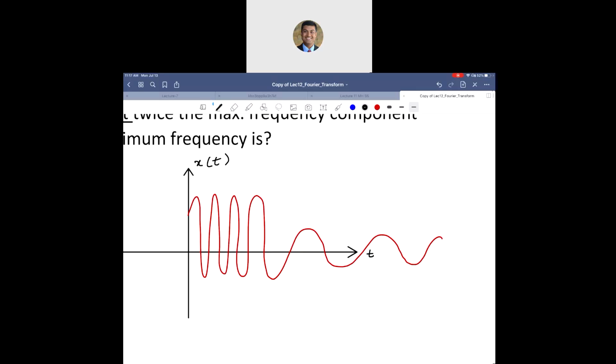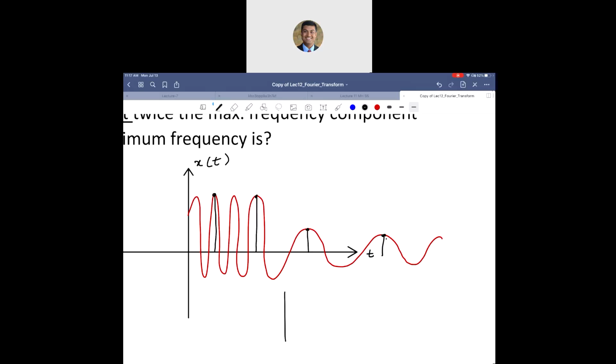So if I want to sample x of t, which means I want to select certain values of x of t, which one should I choose? If I choose a very low sampling rate, it could result in this. I pick this guy, I pick this guy, I pick this guy, I pick this guy, right? Can I reconstruct the signal with this?